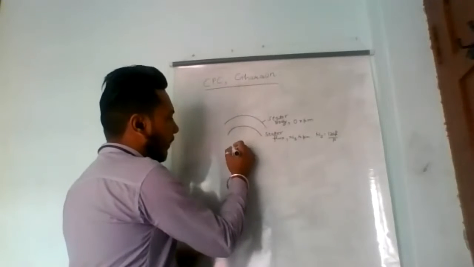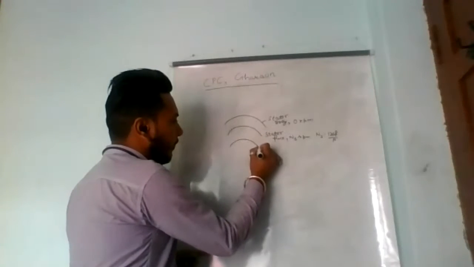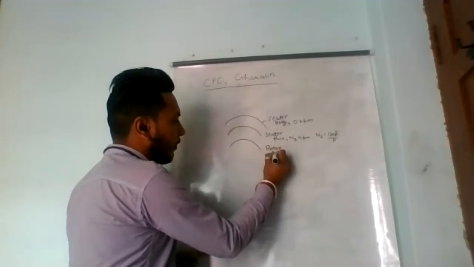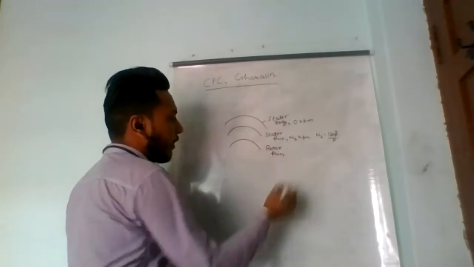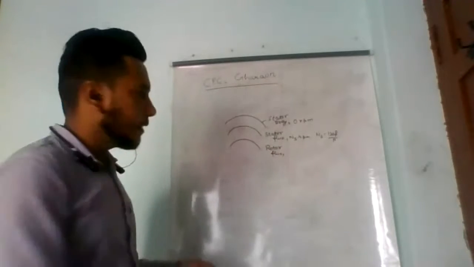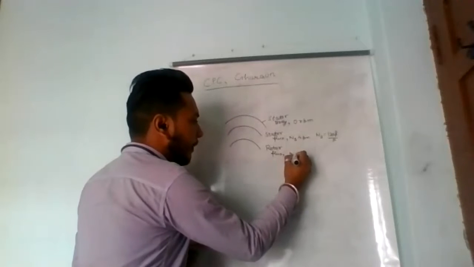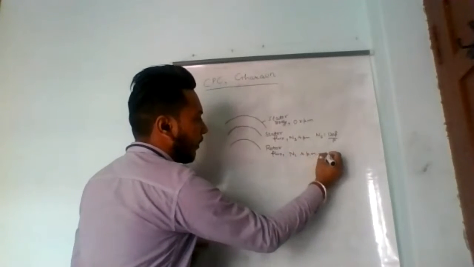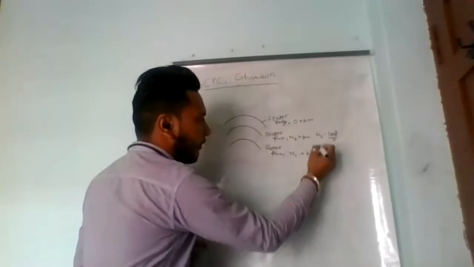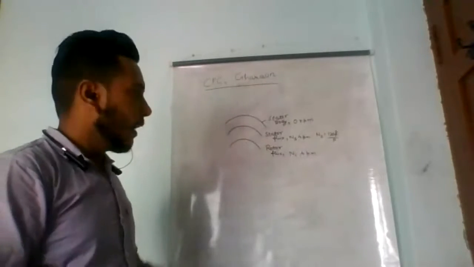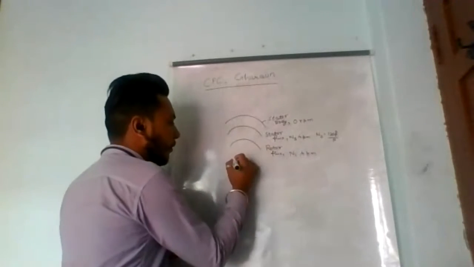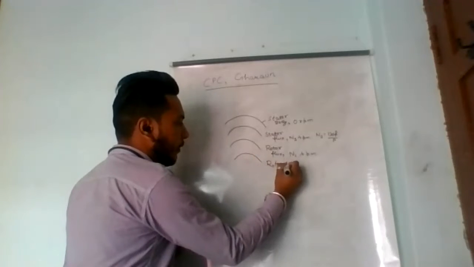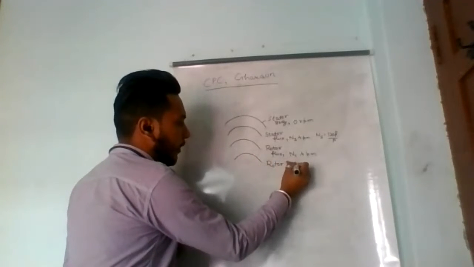Next, after the stator flux, there is the rotor flux. The rotor flux also rotates at the same speed as the stator flux, ns RPM, which is given by 120 F upon P. After that, there is the rotor body.